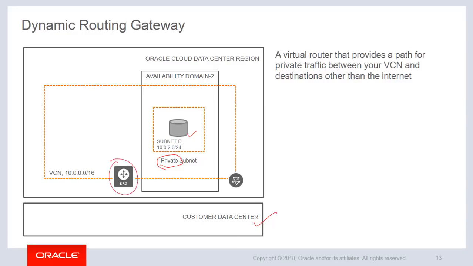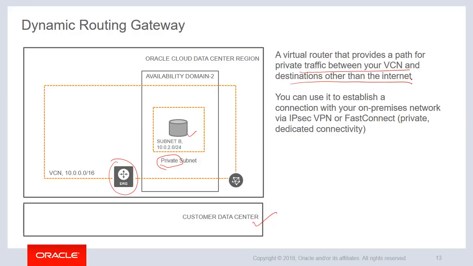So we have this thing called a DRG now. A DRG is a virtual router that provides a path for private traffic between the VCN and destinations other than the internet. So just by virtue that it's not going to the internet, you're not using a NAT gateway, internet gateway, or service gateway. You can use it to establish a connection with your on-prem network. There are two options you could use.